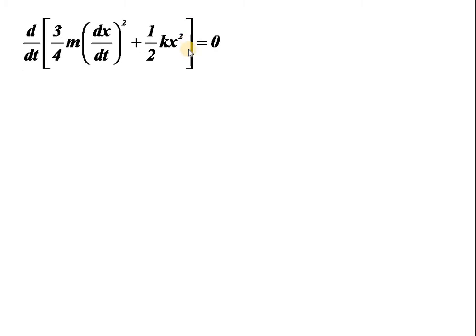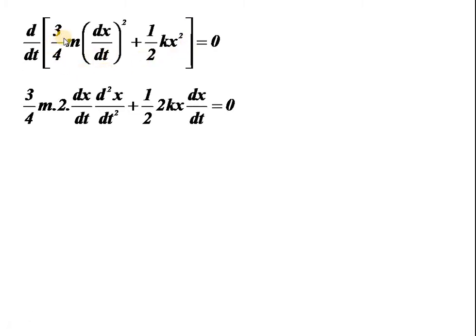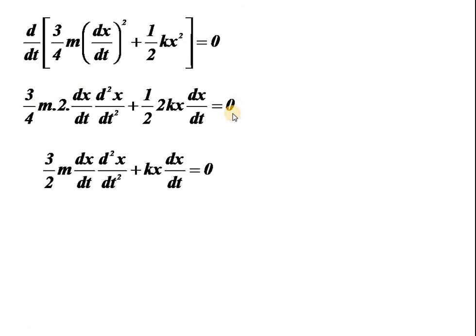Now differentiate this equation. When you differentiate, you can do it in a simple way. These are constants, 3 by 4m, and differentiate dx by dt, so you have 2 dx by dt, d square x by dt square. Similarly, the second term you can differentiate: 1 by 2 kx dx by dt, equal to 0. Again, dx by dt can cancel, and some other terms also can be cancelled.